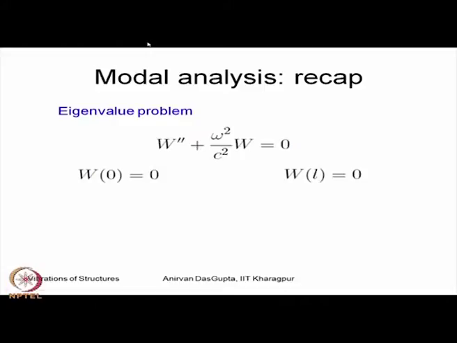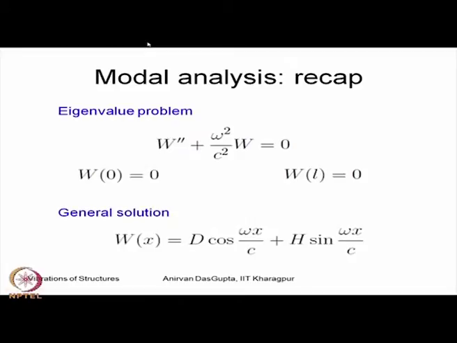For this eigenvalue problem, we have a general solution which has a structure like this. Now with this solution we are going to put this solution in the boundary conditions.